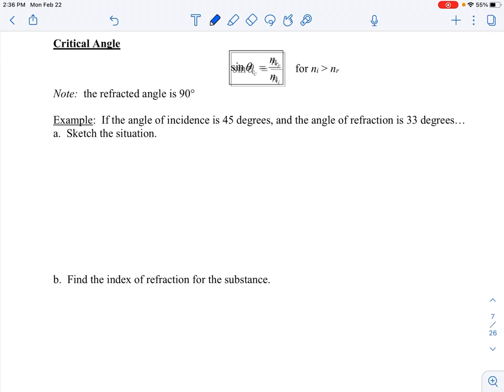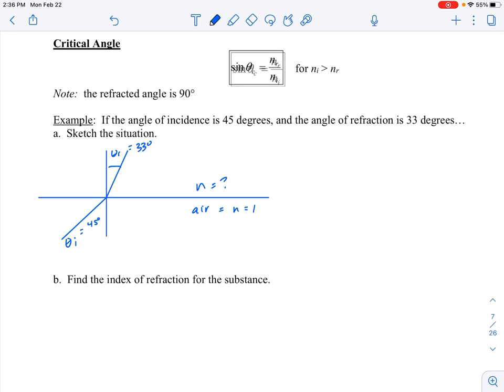So let's try this. If the angle of incidence is 45 degrees and the angle of refraction is 33 degrees, first sketch the situation and then find the index of refraction for the substance. I'm going to assume this is 45, this is 33, and this is air, and this is the index of refraction that I don't know.